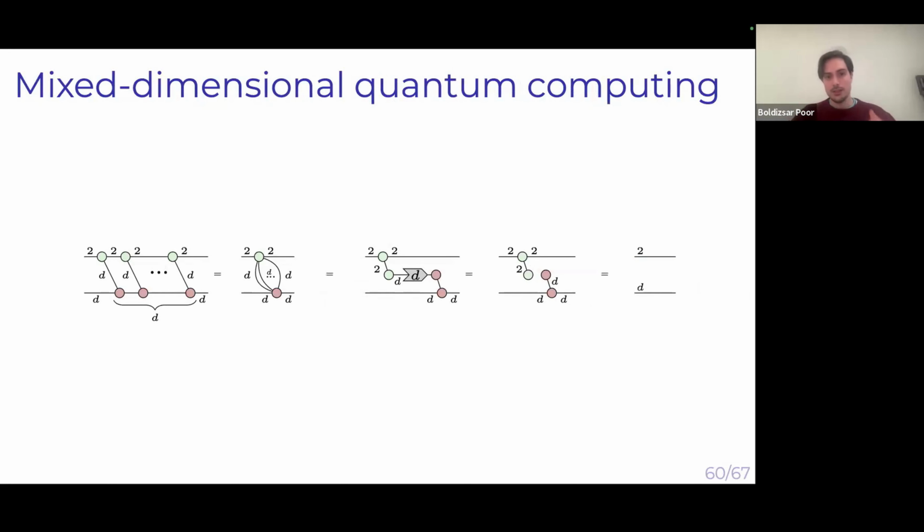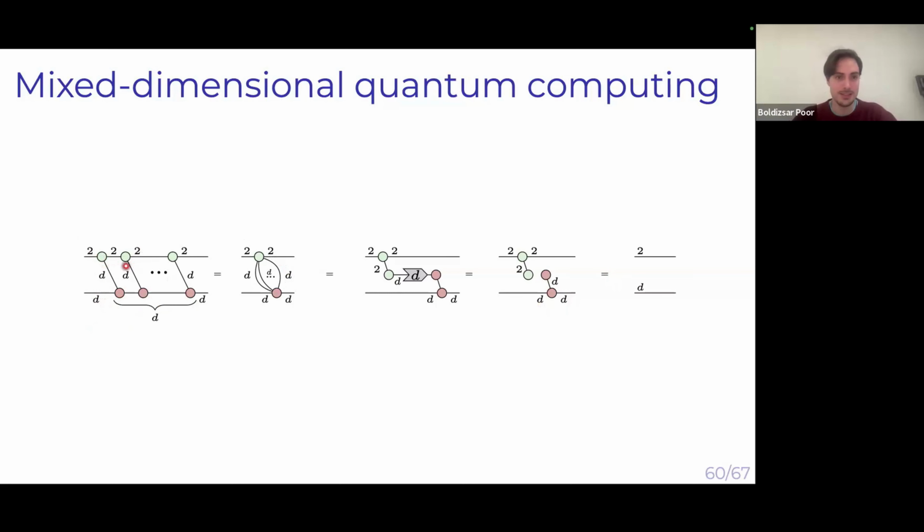One thing that's also interesting to take a look at is mixed dimensional quantum computing. Many times we hear that we have qubit or qutrit or any qudit systems where all the wires or all dimensions will be the same. But we also have mixed dimensional systems where a qubit can interact with a qudit. And these kind of systems actually have quite interesting advantages.